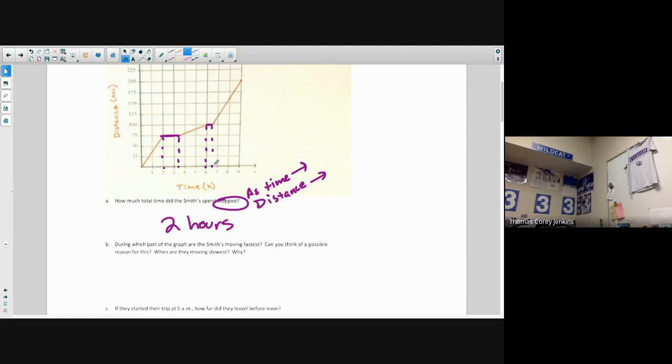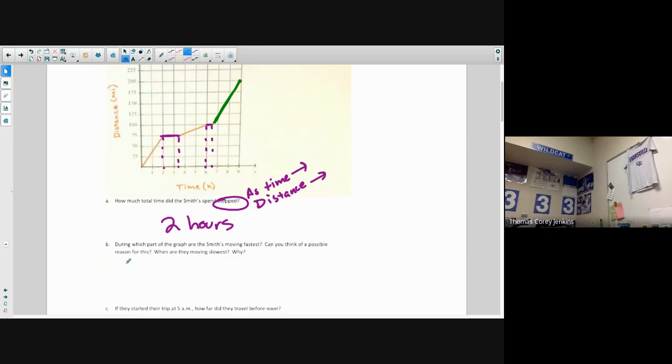And in this other interval, I went from 100 miles to 200 miles, so 100 miles in 2.5 hours. So you can compare them that way. Hopefully, you can just look at it and see that this is your fastest rate.